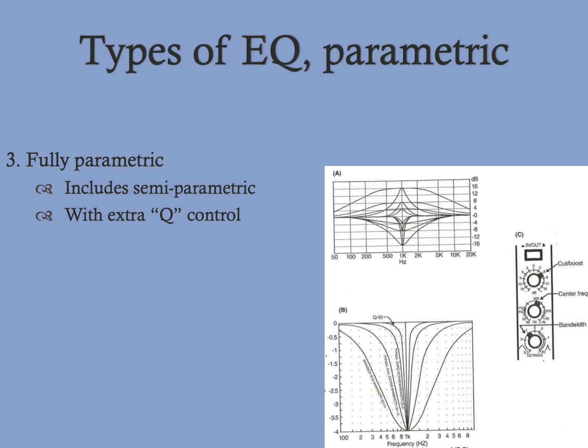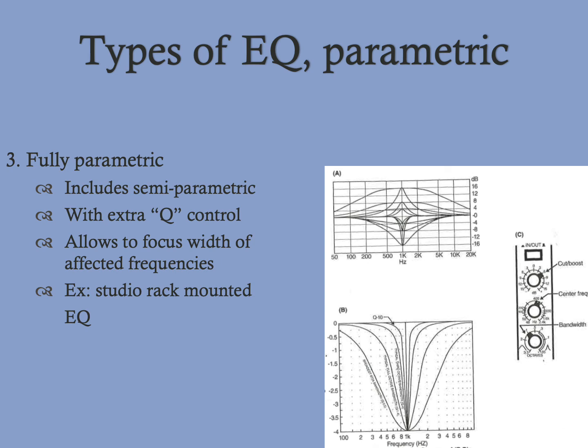And as you roll that Q out to 0, you're affecting a lot of different frequencies around there, all the way, it looks like, down to 200 hertz or so, with much more minor impact there.